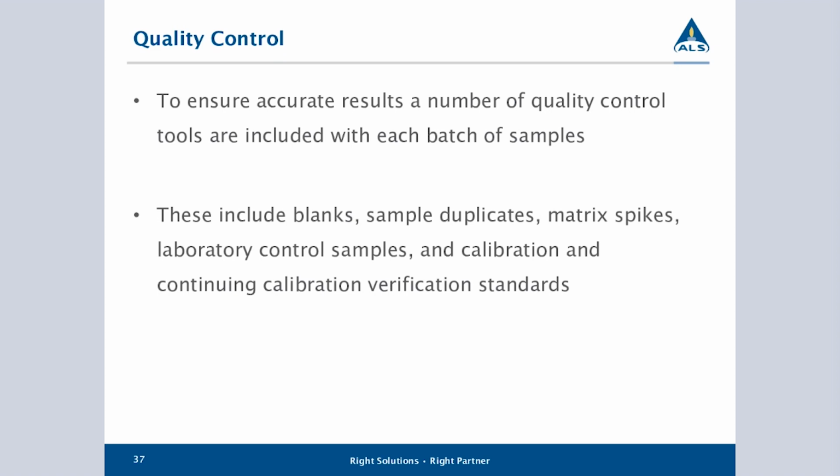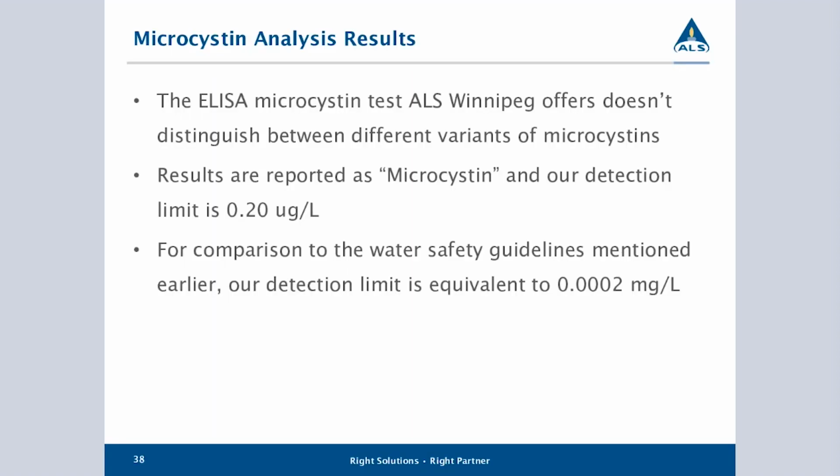These QC tools allow us to ensure that the microcystin test results we provide are accurate, and they allow us to monitor our testing process from sample preparation through to final instrument analysis to ensure everything is performing correctly.